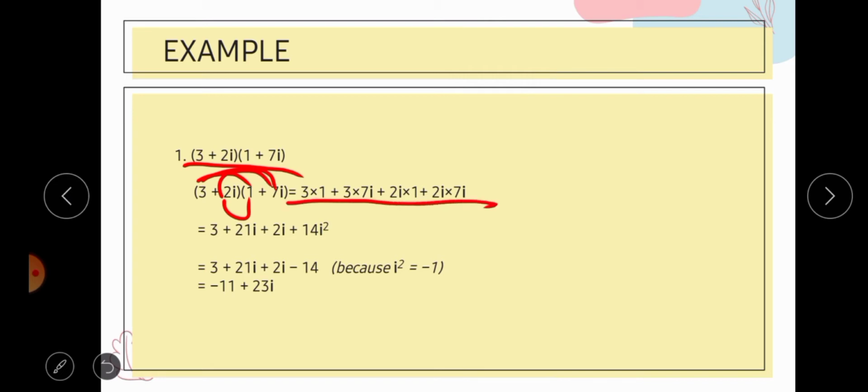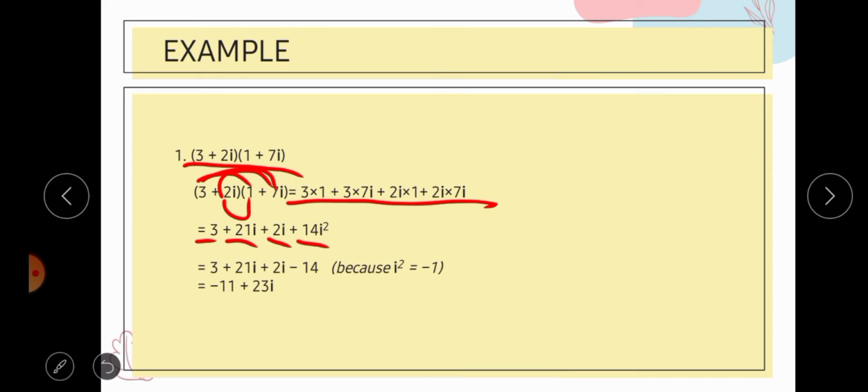Here we have 3 times 1 plus 3 times 7i plus 2i times 1 plus 2i times 7i. So 3 times 1 is equal to 3, and 3 times 7i is equal to 21i. 2i times 1 is equal to 2i, and 2i times 7i is equal to 14i squared.